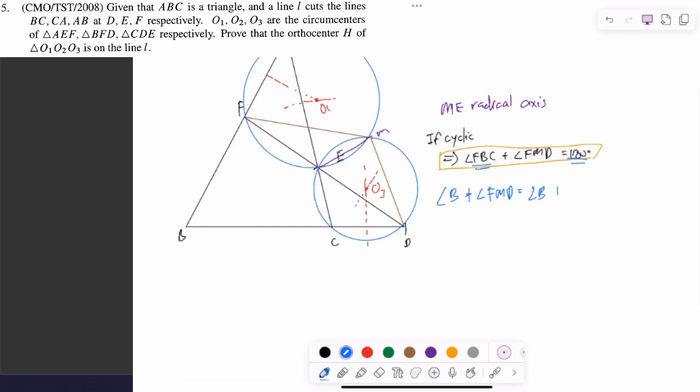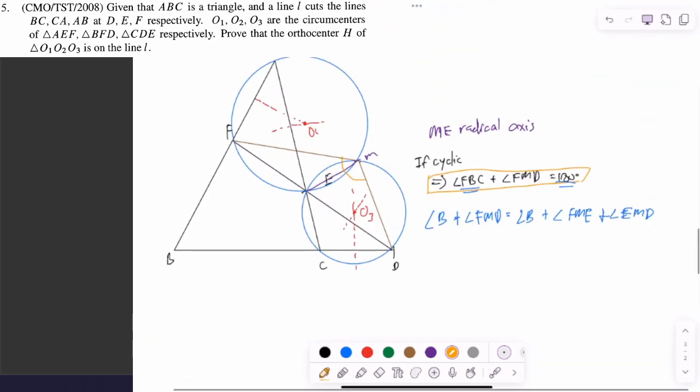FMD is composed of angle FME plus angle EMD. So literally I'm just splitting this chunk into this chunk plus this chunk.